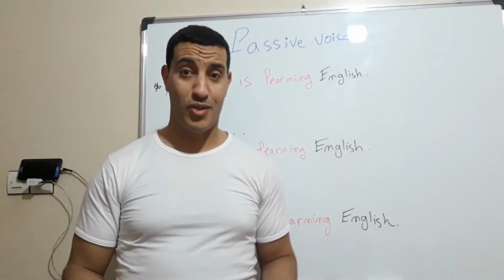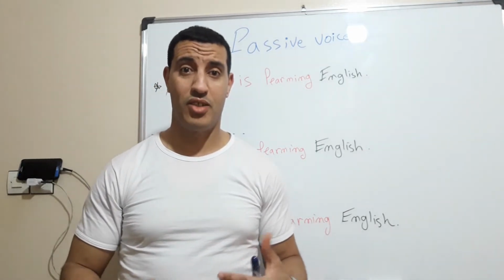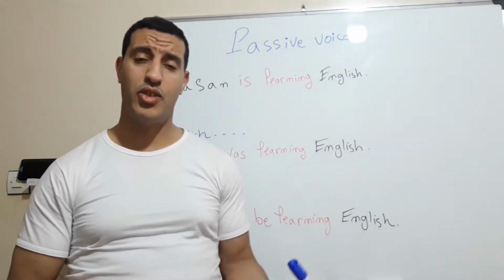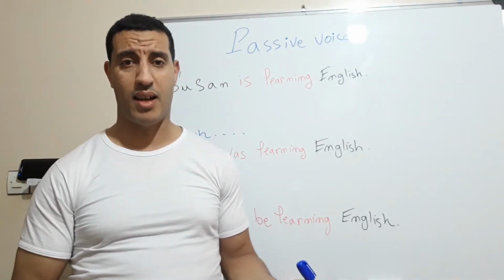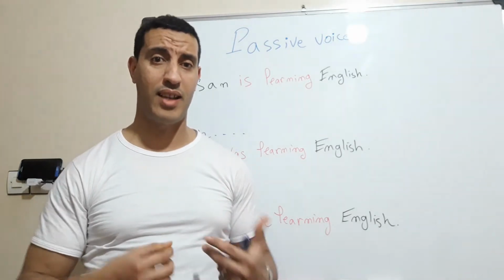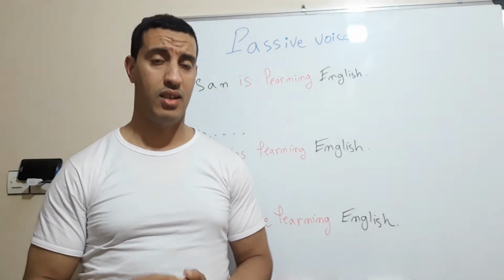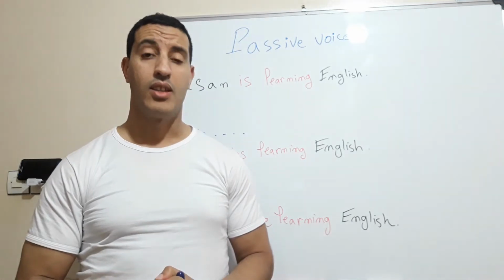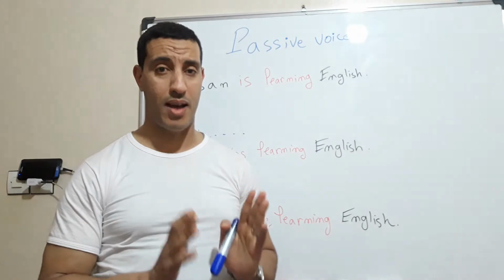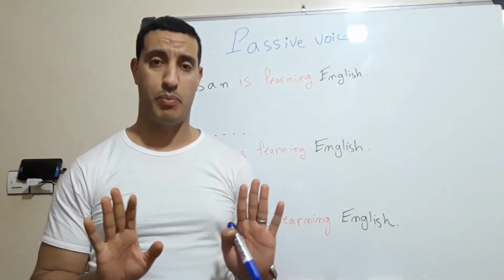So many students have a problem in changing from active into passive. They kept asking me, teacher, how can I change from active into passive? Teacher, I don't understand the right way of changing correctly into the passive. So here I suggest that if you want to really know how to change from active into passive, it's very simple.